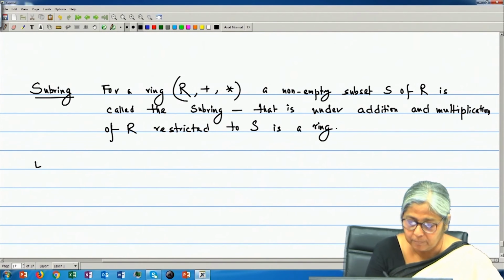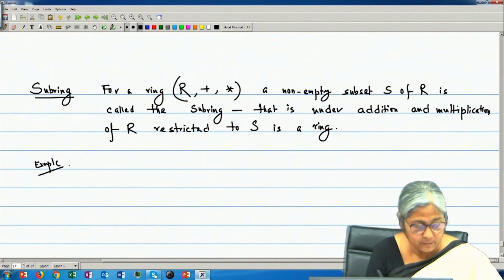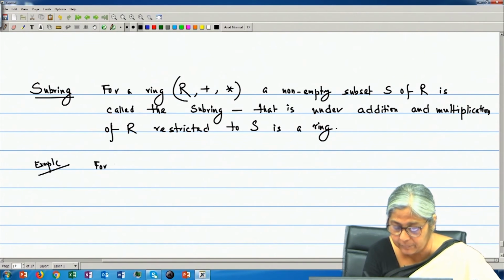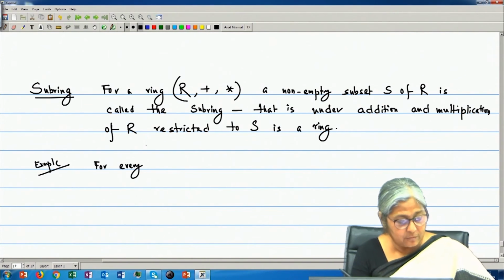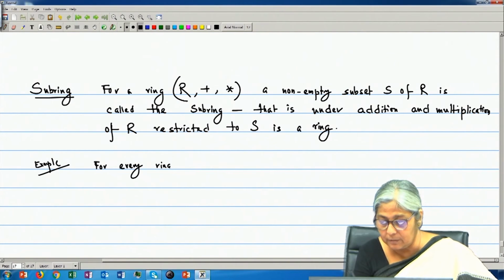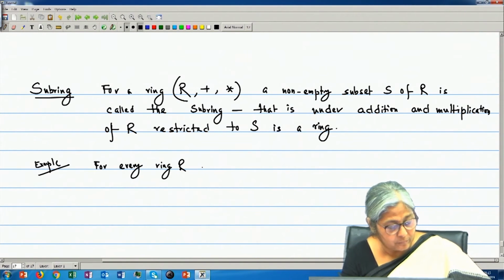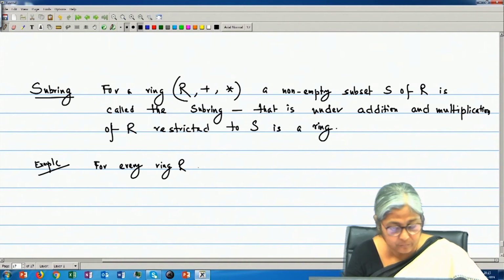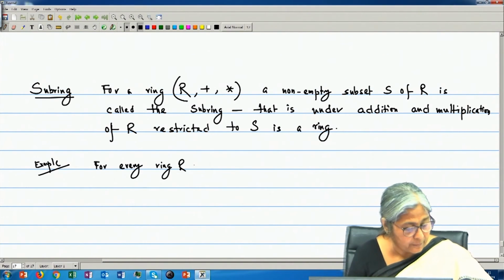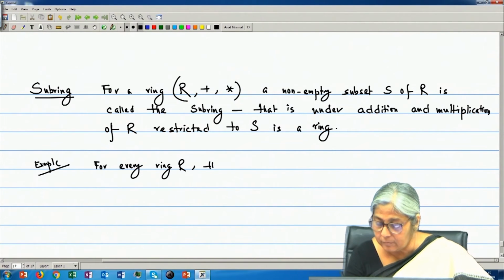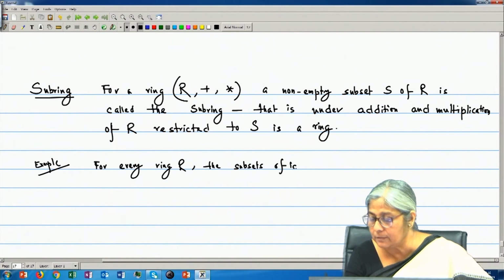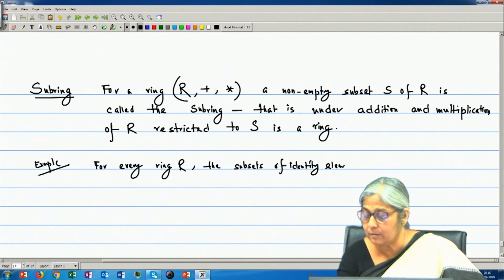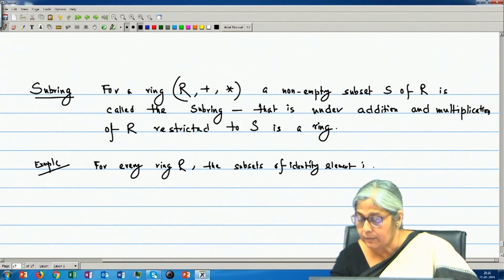Then example, for every ring R, the subset of the identity element is a subring.